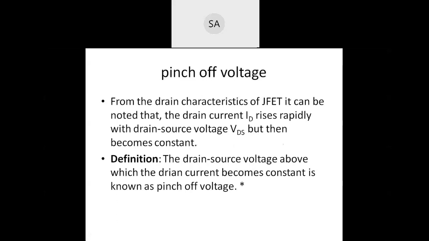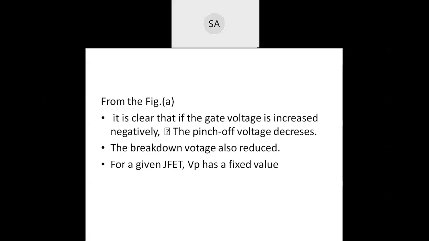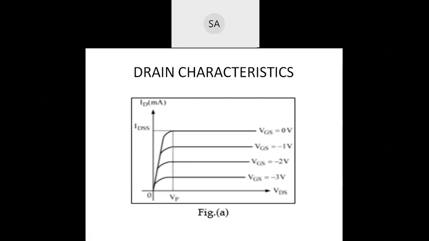From figure A, it is clear that if the gate voltage is increased negatively, the pinch-off voltage decreases. We discussed this in the last section also. The topmost curve is the first curve, with VGS equal to 0.